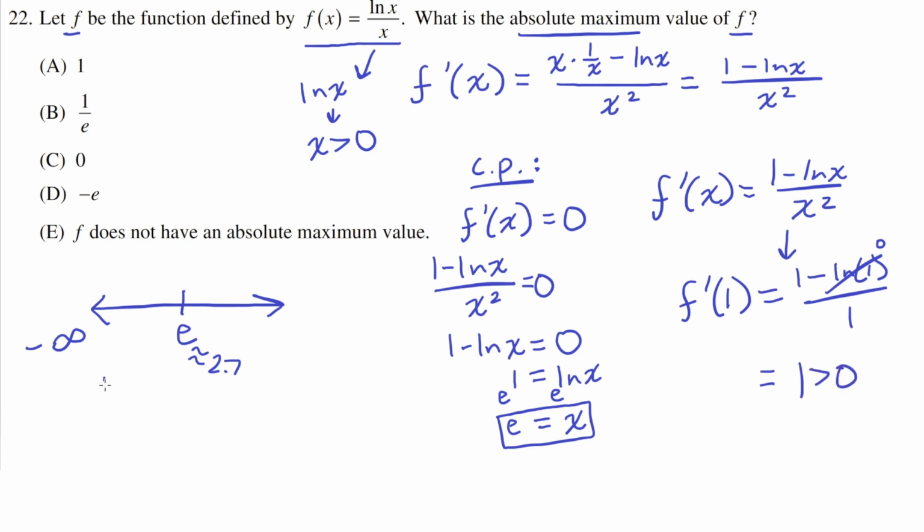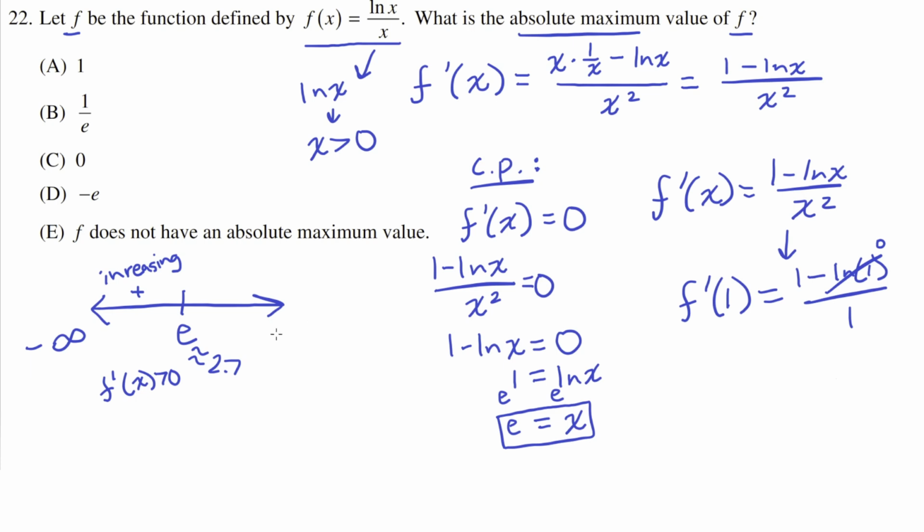So on the left-hand side, f prime of x is greater than 0. That means in this interval, we are increasing because our first derivative is positive.